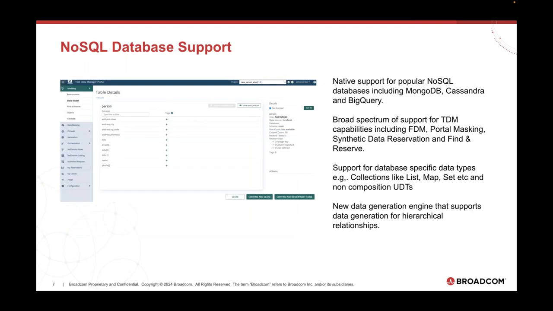Last but not the least, we have started to deliver native NoSQL support with this release. For this release, we have targeted and delivered 3 databases: MongoDB, Cassandra, and BigQuery. The support is across a broad range of TDM capabilities as listed on the screen.